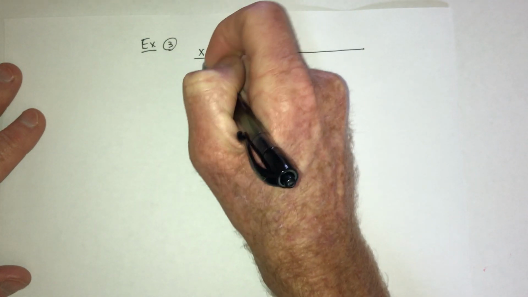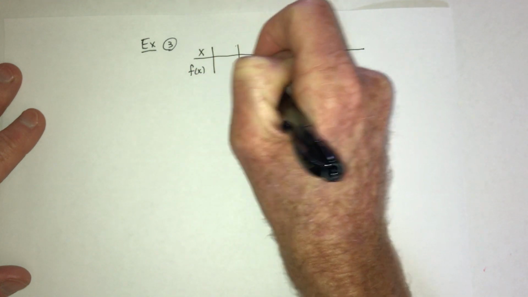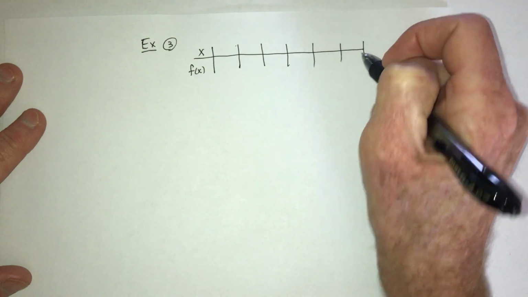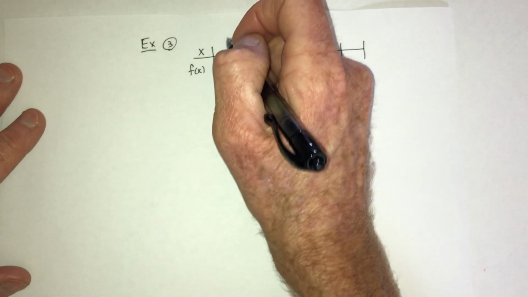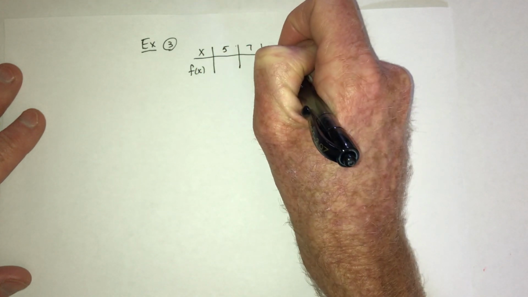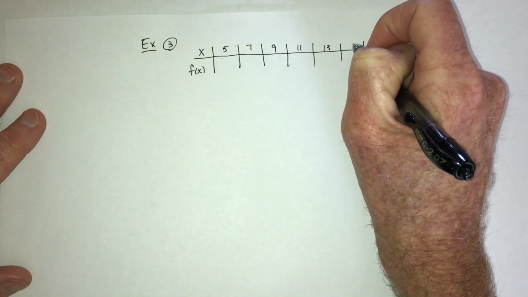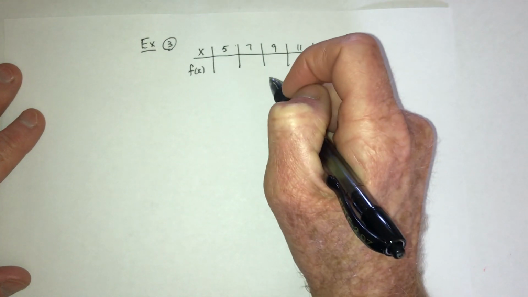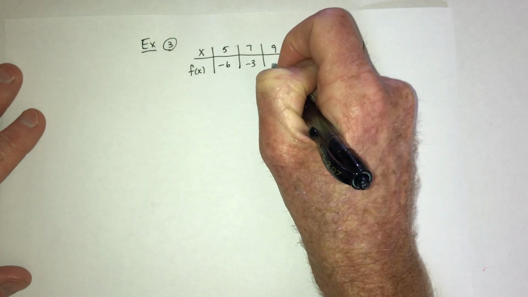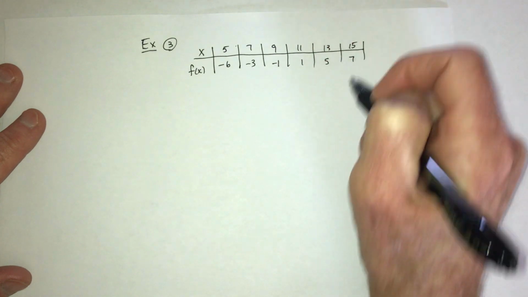These are going to be the x values, these are going to be the function values. And so x is going to be 5, 7, 9, 11, 13, and 15. And the y values are going to be -6, -3, -1, 1, 5, and 7.